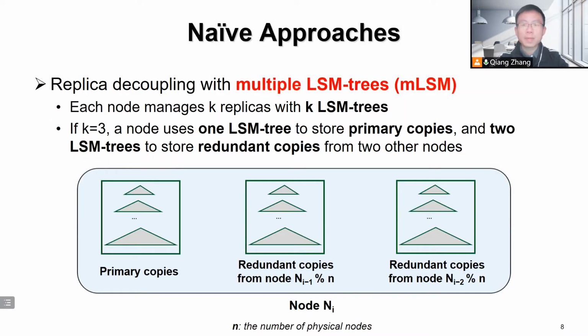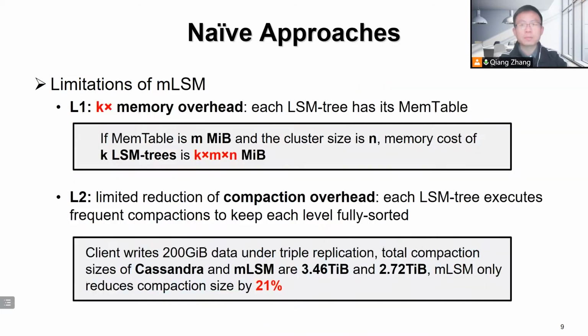One simple replica decoupling approach is to manage k LSM-trees for k replicas derived from each key pair. For example, for Cassandra with triple replication, we use 3 LSM-trees in each node: one LSM-tree to store primary copies, the others to store redundant copies from two other nodes.